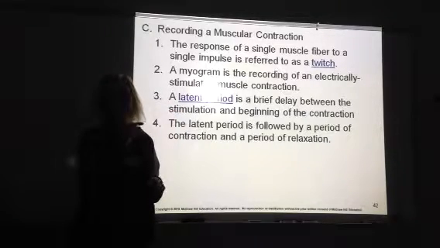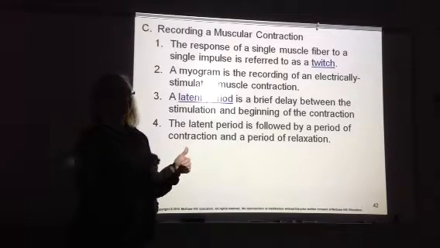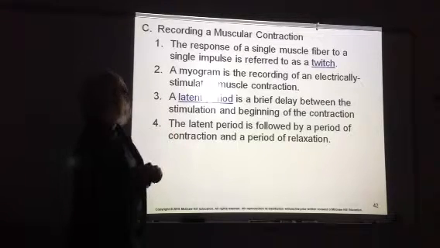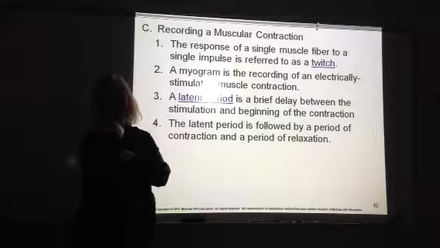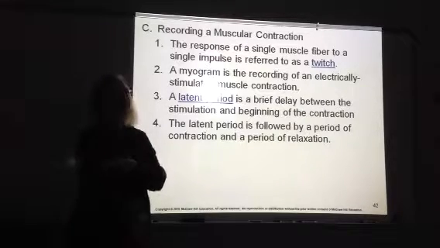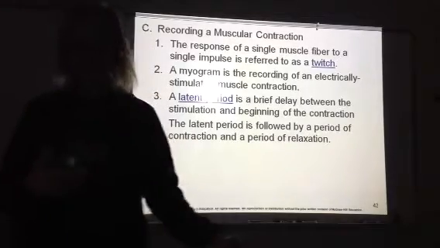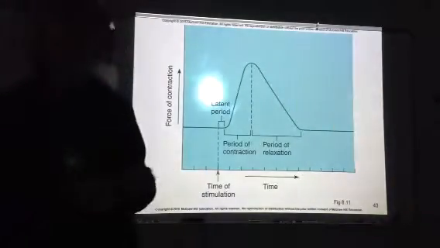There's just a brief moment where your muscle waits after the stimulus before it actually contracts. The latent period is then followed by the period of contraction and then relaxation. Your muscle has to have some relaxation in order to work efficiently.